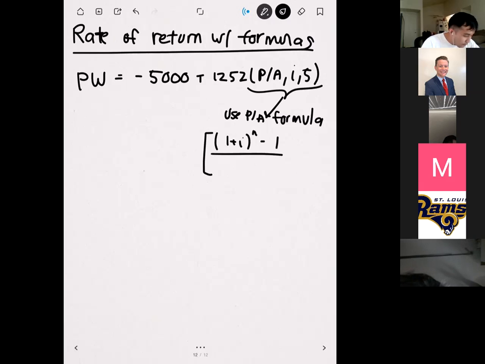Okay, so our P over A formula looks something like this. It's (1 plus i) to the n minus 1, all over i times (1 plus i) to the n. Okay. And since we know our n is equal to 5, we can go ahead and plug that in.